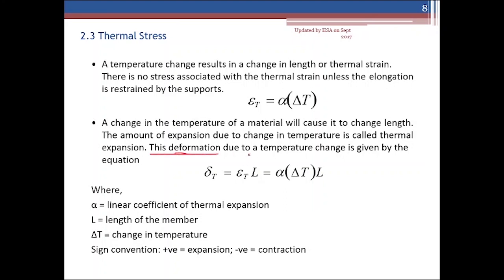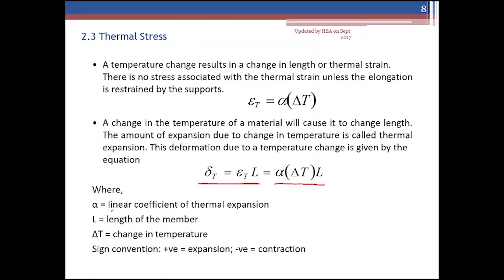This deformation due to temperature change is given by the equation: deformation due to thermal, or difference in temperature, equals thermal strain times length, equal to alpha delta T times L, where alpha is the linear coefficient of thermal expansion, delta T is the change in temperature, and L is the length of the material.